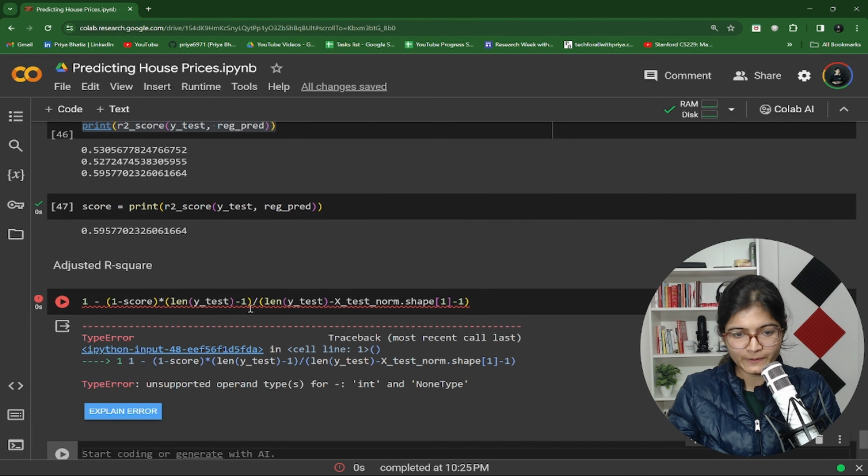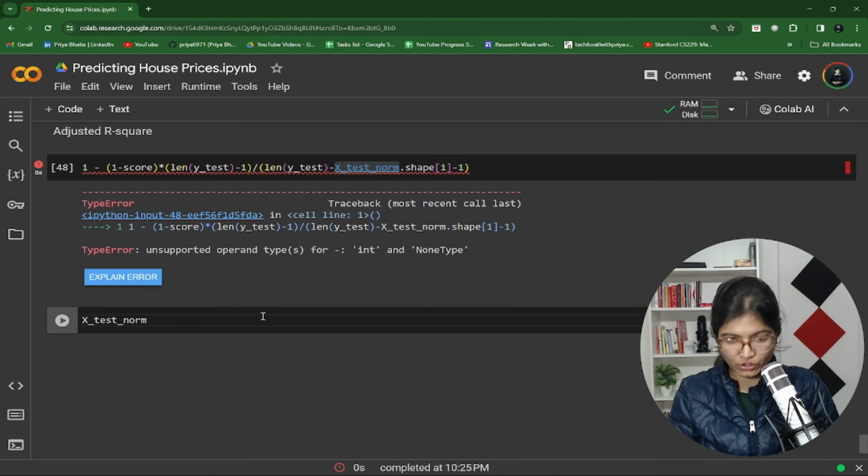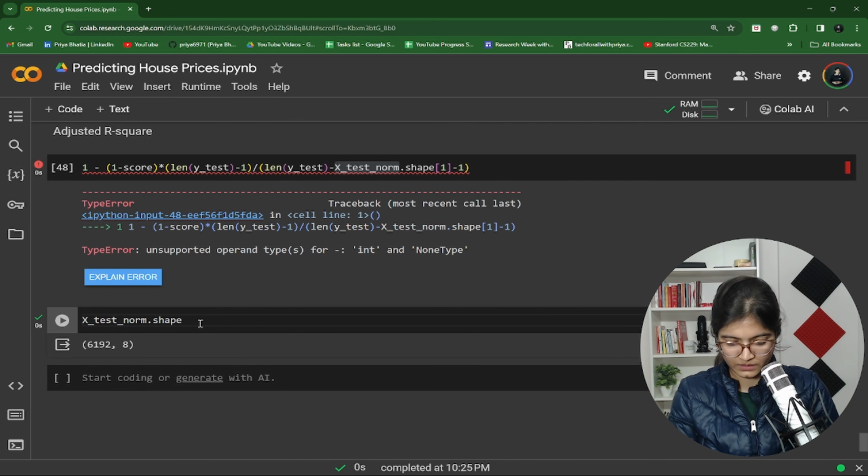So what is the issue here? Let me check. What does this x_test_norm.shape look like? Let's see. So it is fine, it is 6192. I'm taking the number of predictors as 1.